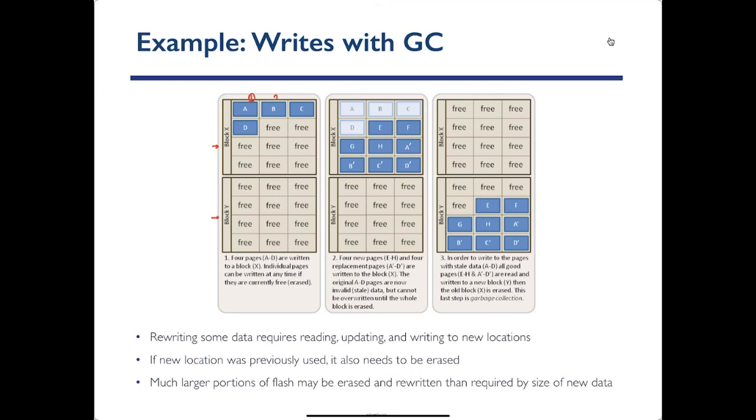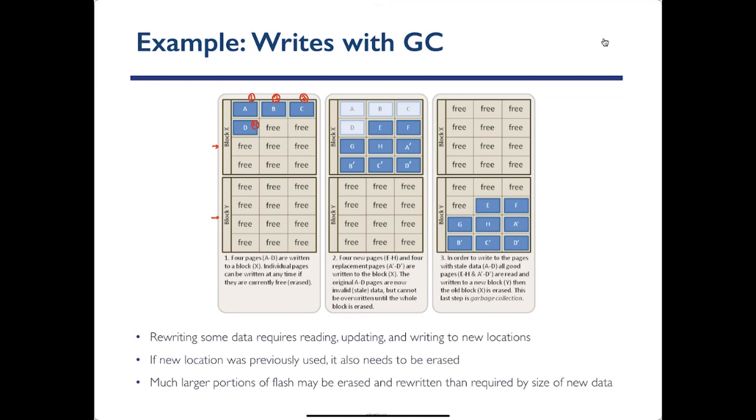You're gonna write 4 pages to your SSD. Now, because all the pages are free, I can easily write to free and erased pages. So I write A, B, C, D.